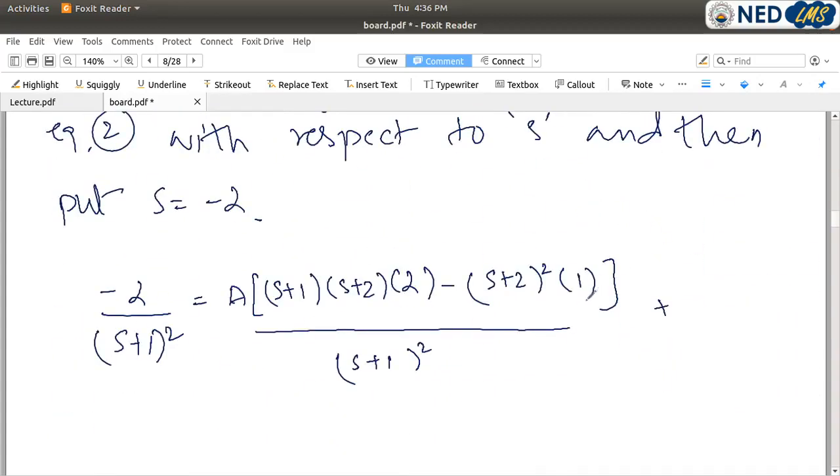So here we will have the only constant term c.